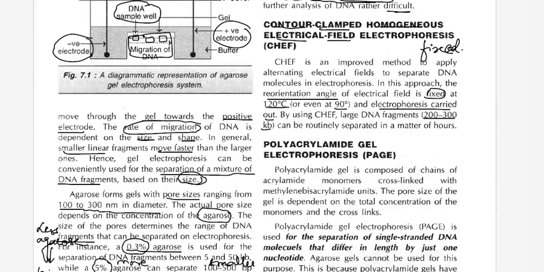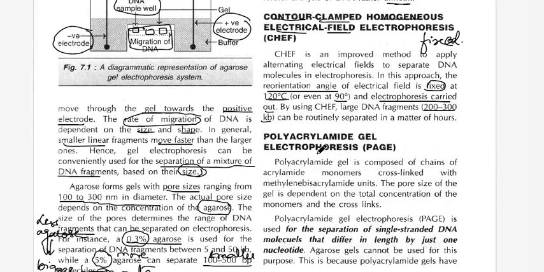Then comes PAGE, polyacrylamide gel electrophoresis. So we have read agarose, pulse field, and contour clamped. Polyacrylamide gel is composed of acrylamide monomers which are cross-linked with methylene bisacrylamide units.